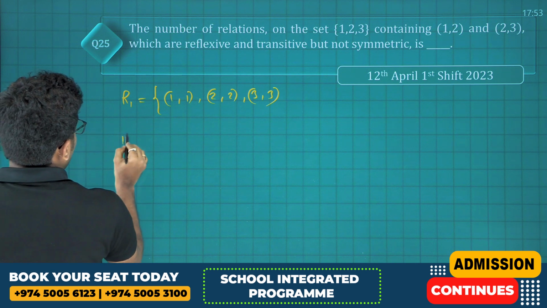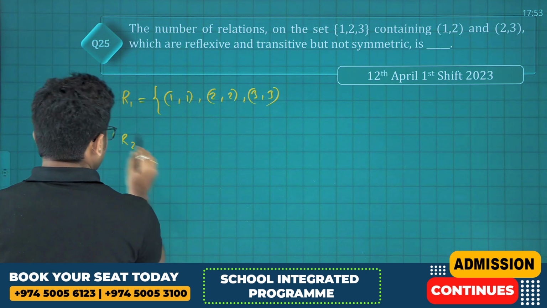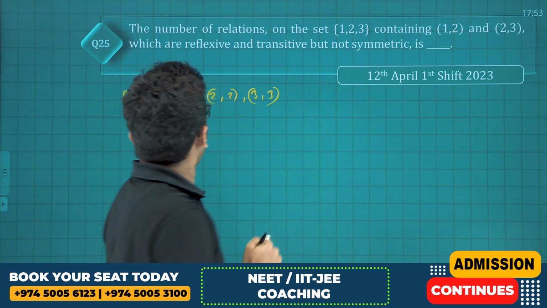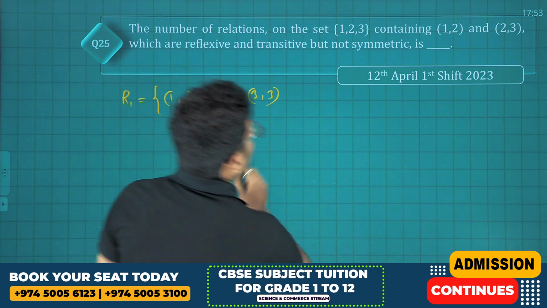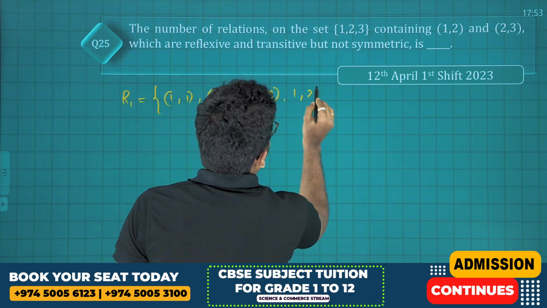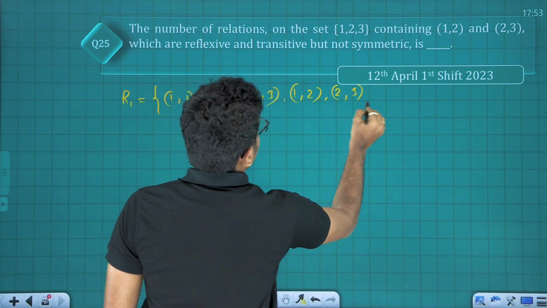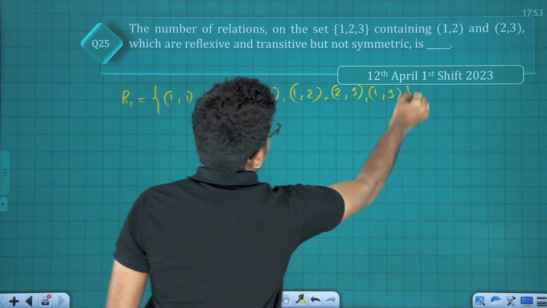Not symmetric means we keep (1, 2), (2, 3). To make it transitive, (1, 3) we have to add. Okay, done.